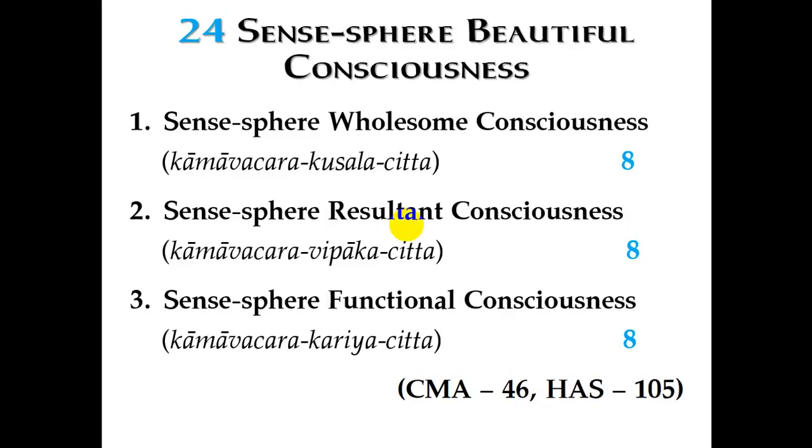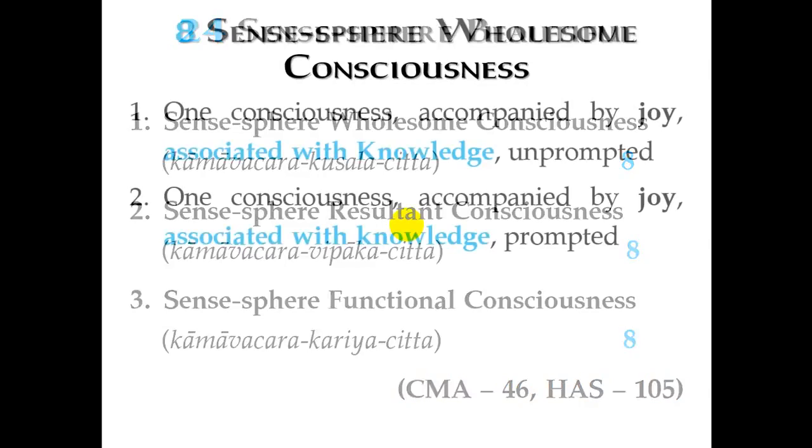And the third one is the functional consciousness. As we have learned, functional consciousness can arise only in the minds of Arahants and the Buddhas, right? So functional consciousness is very similar to wholesome consciousness. Altogether we have 24.